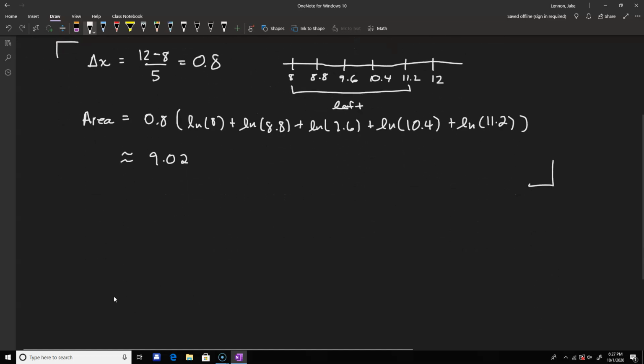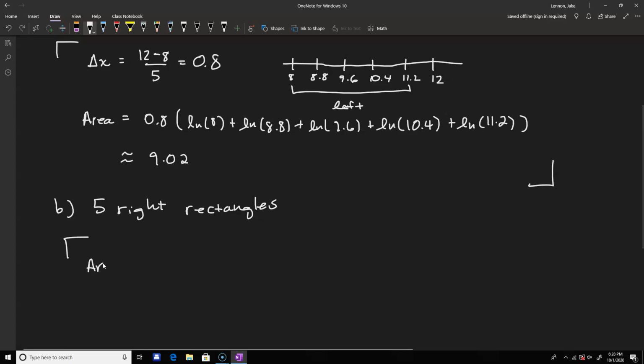Okay, so for B we're going to do the same thing, but we're going to be using the 5 right rectangles. So here the area, same delta x, same intervals, but what we're going to do is we're not going to use the 8 and we're going to use the 12 instead for the right.